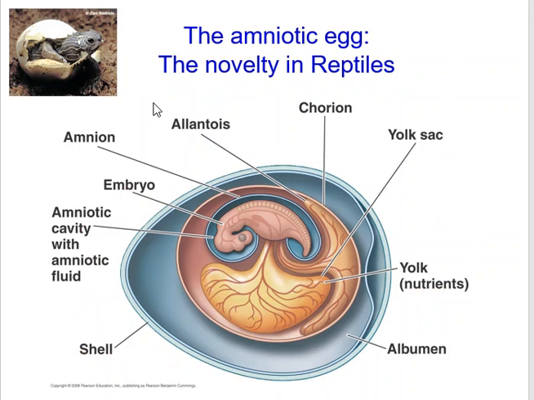All right, so let's look at amniotic egg. This is extremely important. You must know this configuration, what an amniotic egg consists of. Of course, in the amniotic egg, which is a shelled egg, you have a shell, which is hard.